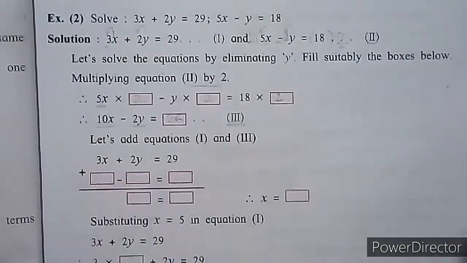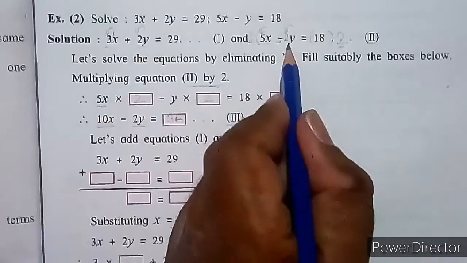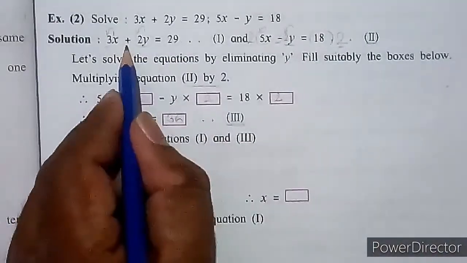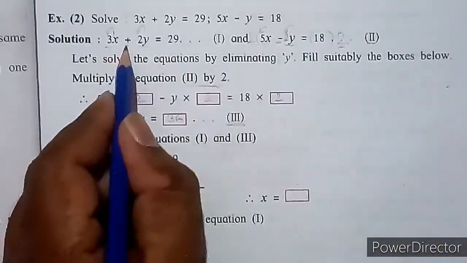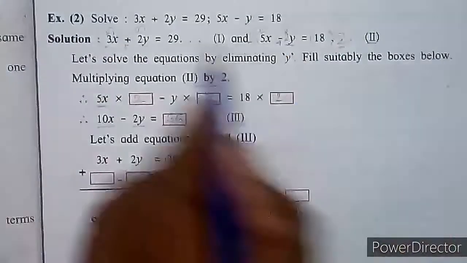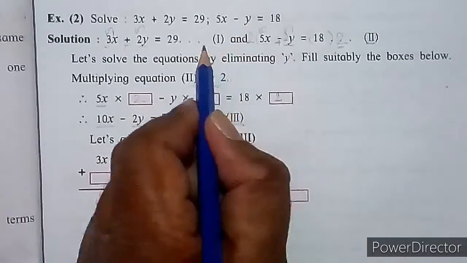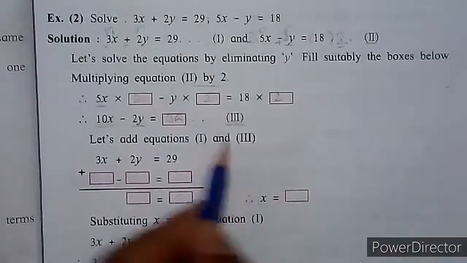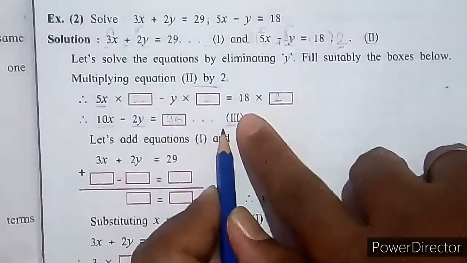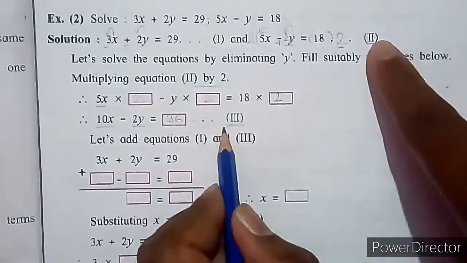Now we have made the coefficients equal but the signs opposite. Here plus comes and here minus comes. That's why we have to add equation number 1 and equation number 3, which is the transformed form of equation number 2.